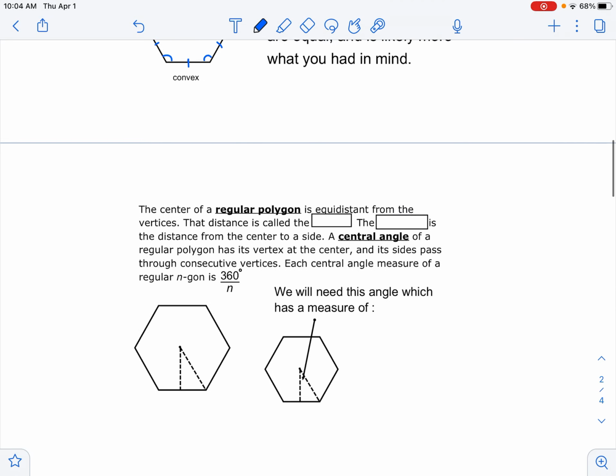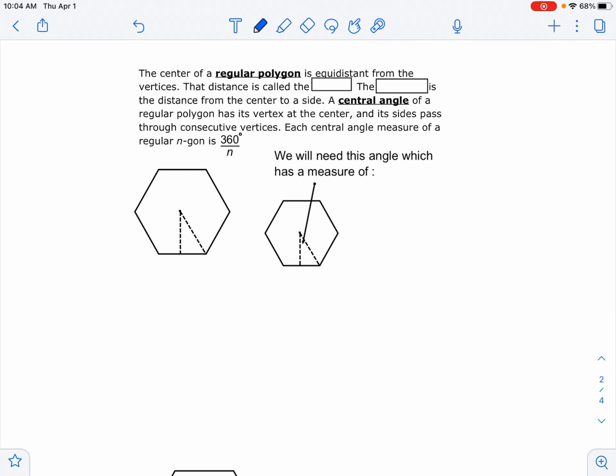All right, so next, let's get a little bit of vocabulary out of here. The center of a regular polygon is equidistant from all the vertices. So the center is this point right here. That's pretty obvious, right?